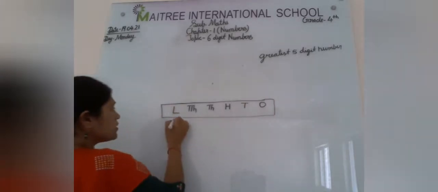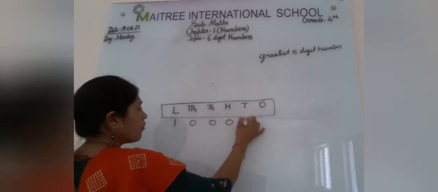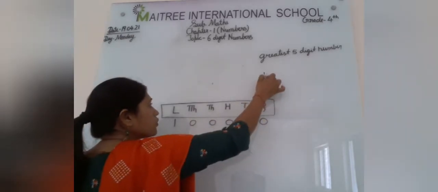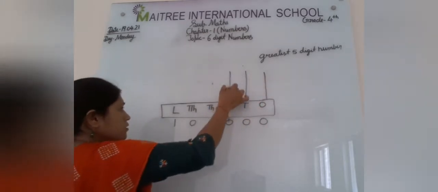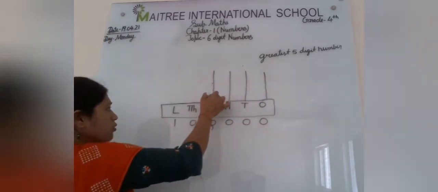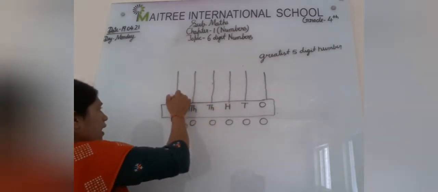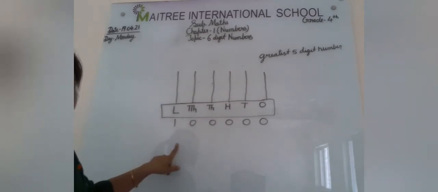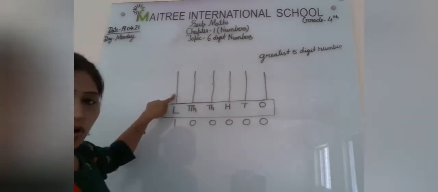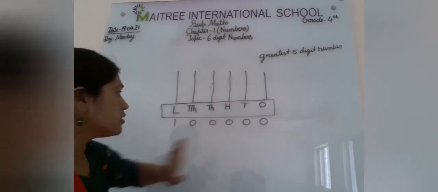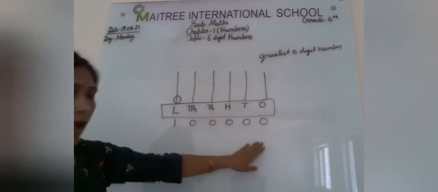I am mentioning the digit here, 1 lakh. This is a stick for ones, this for tens, this for 100, this for 1000, this for 10,000, and this for lakh. So how will we draw the abacus for 1 lakh? We will put one bead in the lakh place only. The rest are 0. So this is the abacus value for 1 lakh.